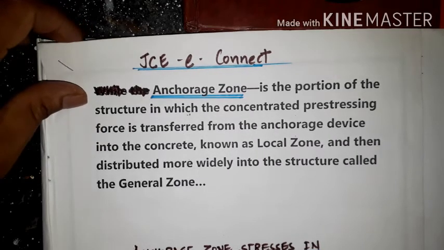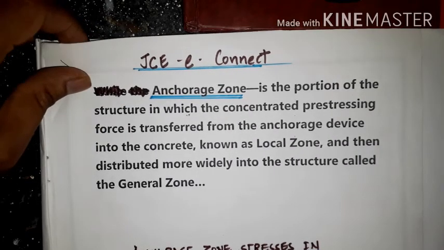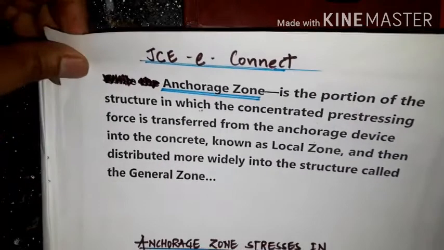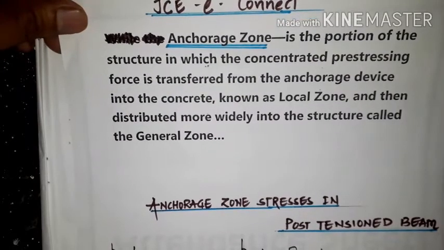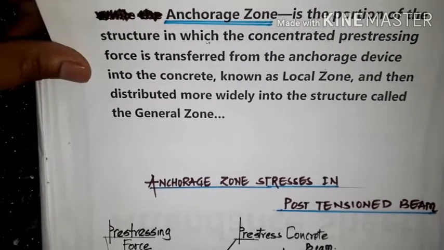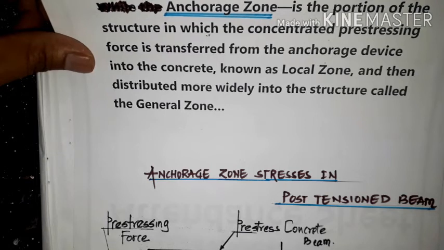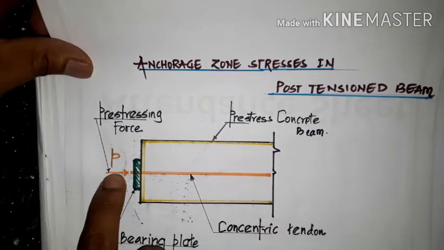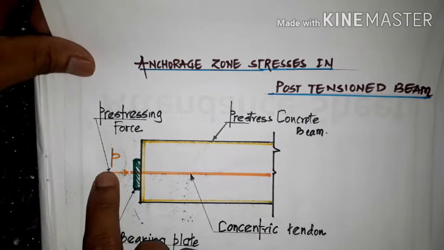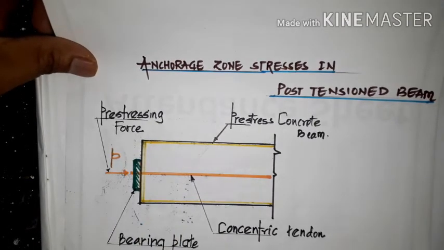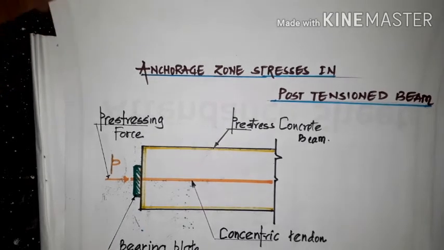Before going to today's session, I'll just review the previous session's discussion. We discussed the anchorage zone and how the stresses develop in it due to the pre-stressing force P when the tendon is anchored at the end. So we discussed how the pre-stressing force will develop.